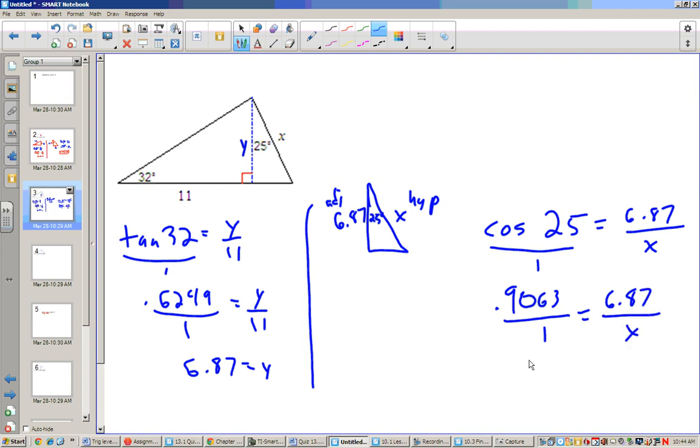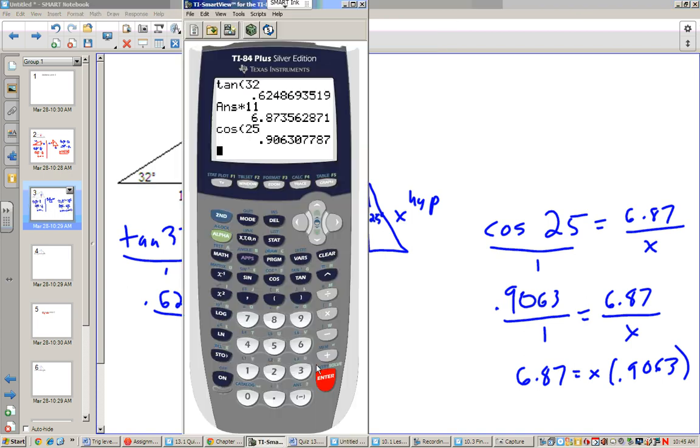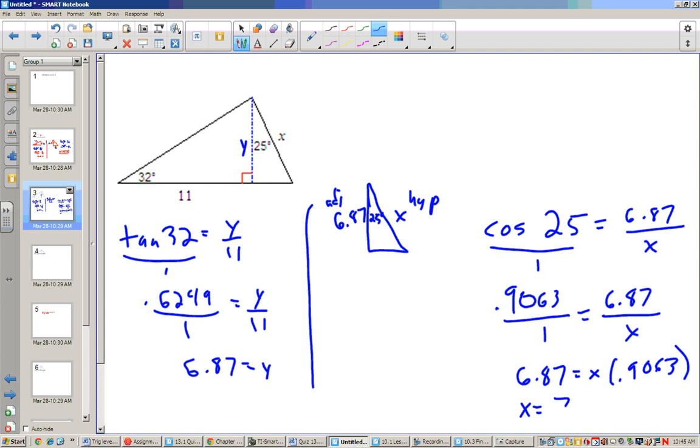Now, when I cross multiply, 6.87 is equal to x times 0.9063. So I divide 6.87 by my answer, 0.9063, and I get something like 7.58. So x equals 7.58.